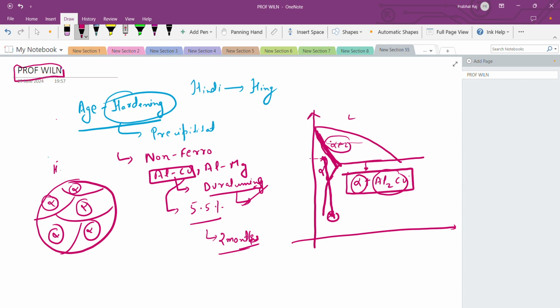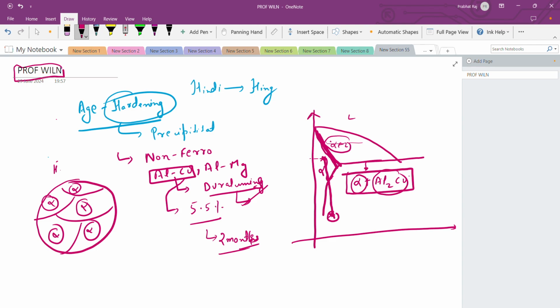He was confused about why this happens. After leaving the sample for 2 months, there was a change in hardness. But when I do the heat treatment and quench to room temperature, there is only alpha phase present.